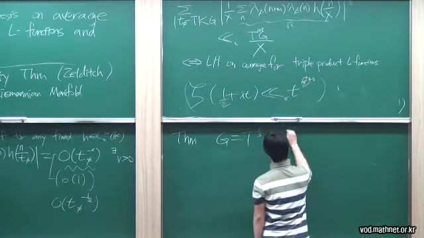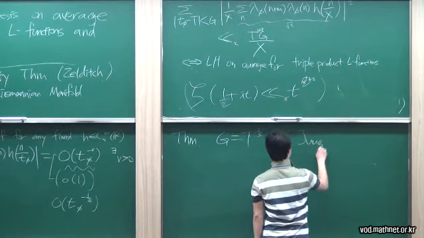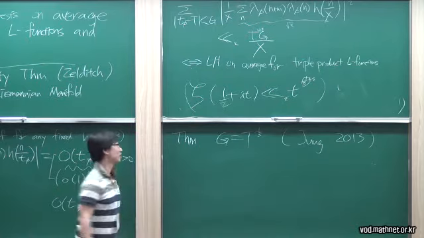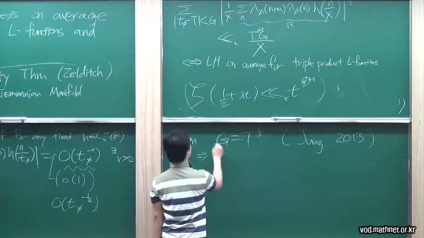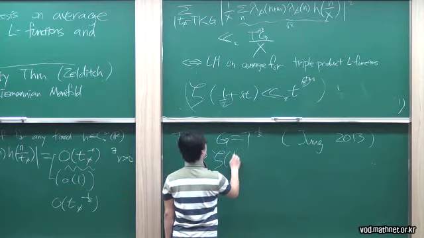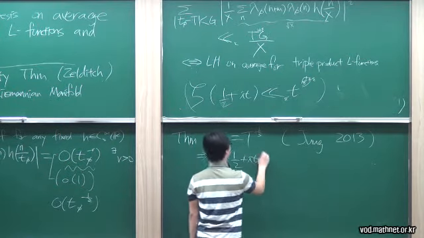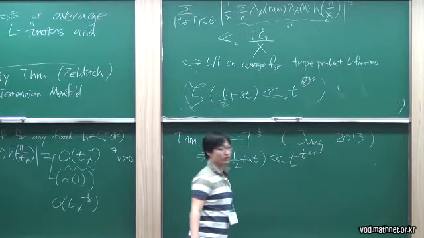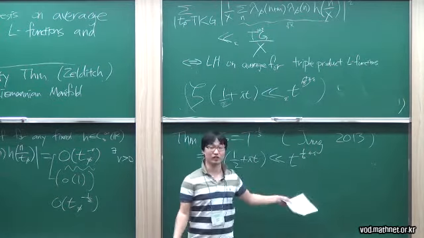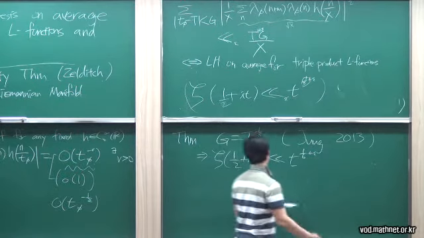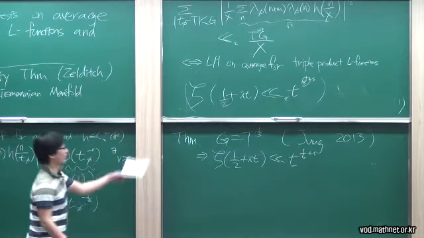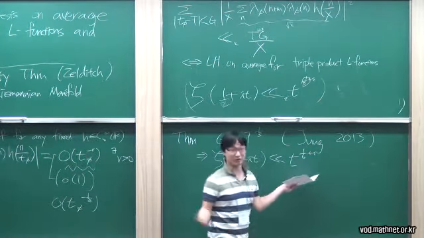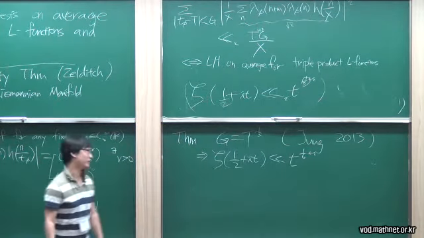And in this proof, I can actually recover the Weyl exponent t to the 1/6 plus epsilon, which is not the best exponent that is known right now, but this technique is interesting because it also gives you some nice bound about the Riemann zeta function on the critical line.